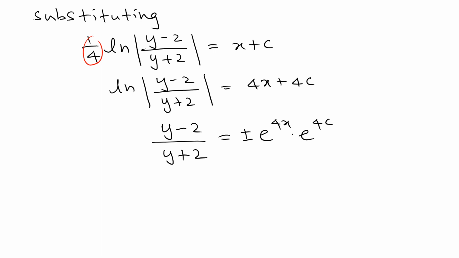You know this algebra now. You can combine these two, and combine this with the plus or minus sign. You can combine all of them and just call it a. If you do that, you can write this as a e to the 4x.